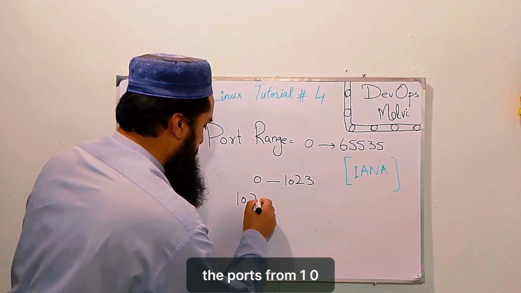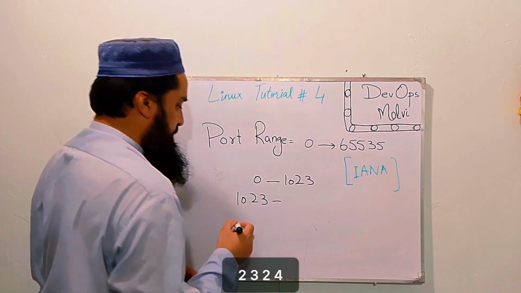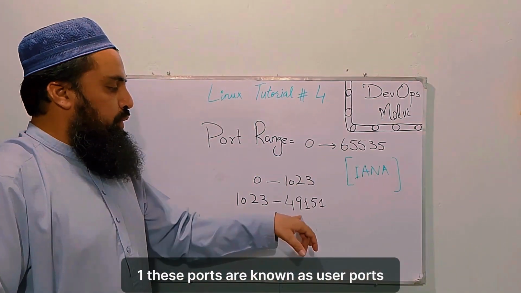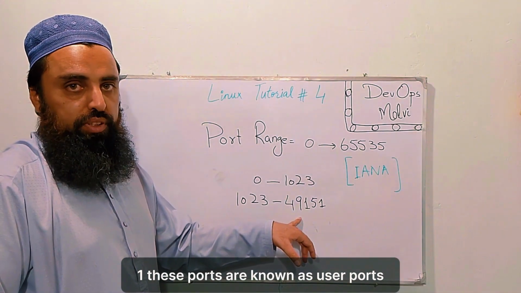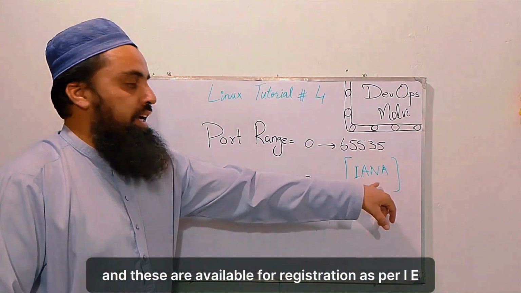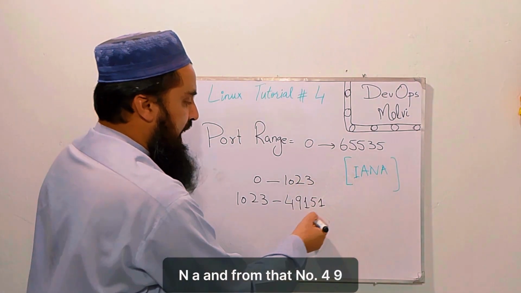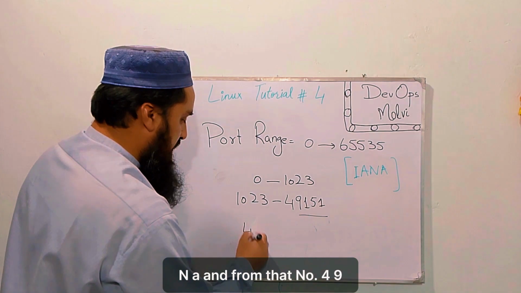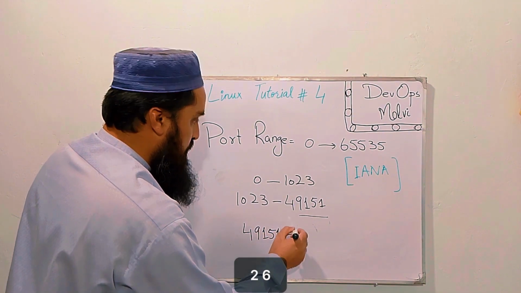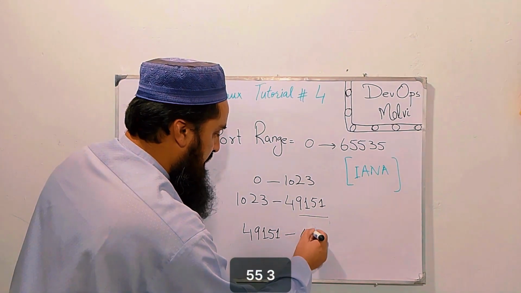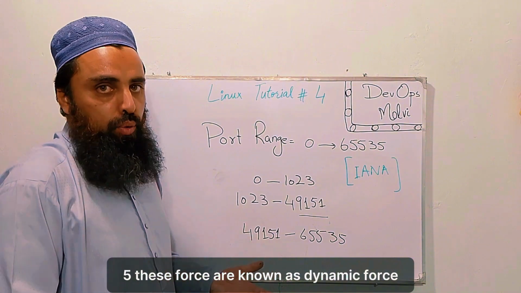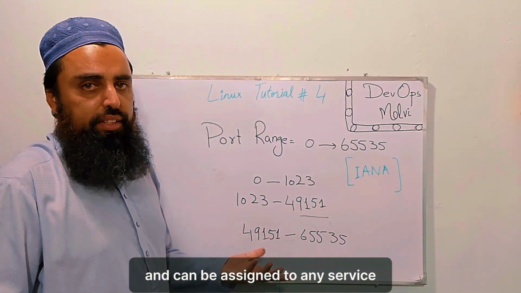The ports from 1024 to 49151 are known as user ports, and these are available for registration as per IANA. And from 49152 to 65535, these ports are known as dynamic ports and can be assigned to any service.